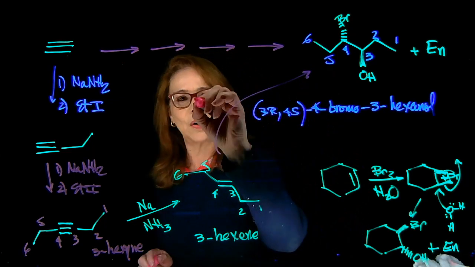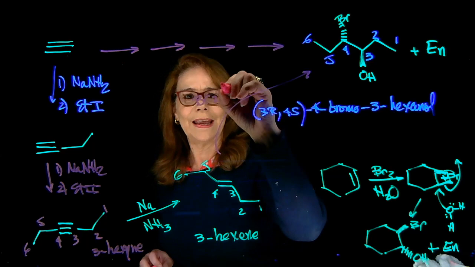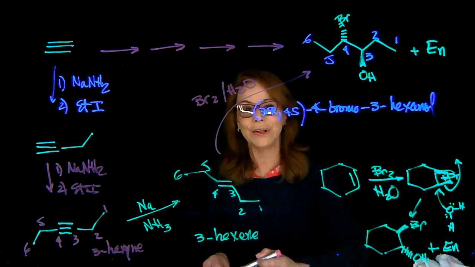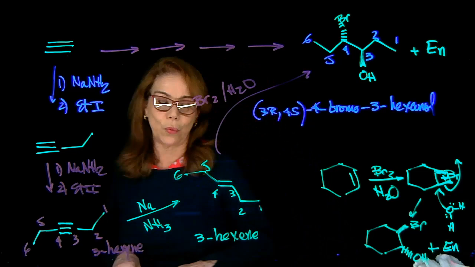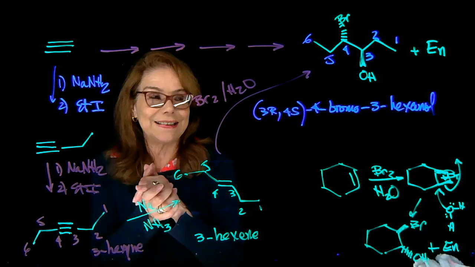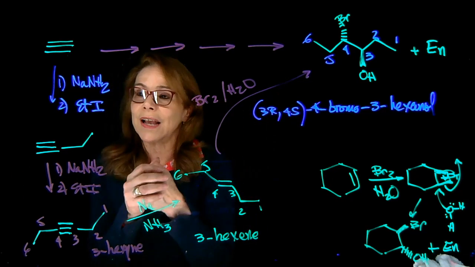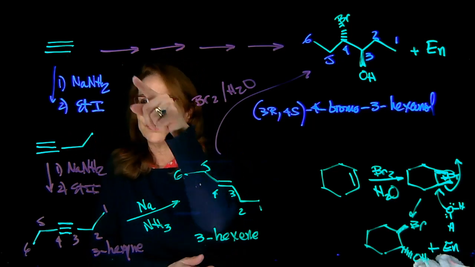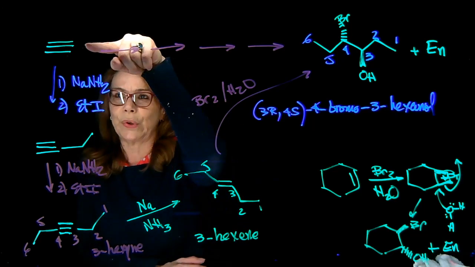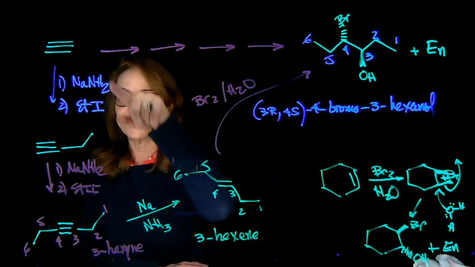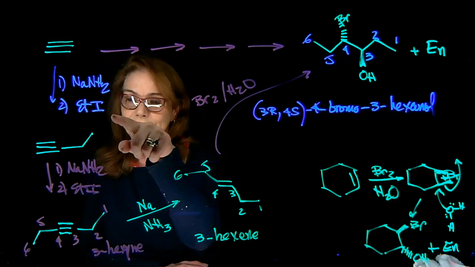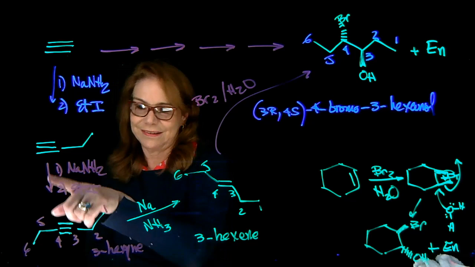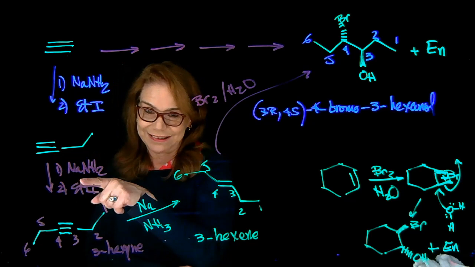So bromine in water. So summarizing, what have we done in this reaction? First step was noticing that the number of carbons had changed. We have 2. We need to add 4 more. So we did 2 consecutive reactions in which we removed the acidic hydrogen with sodium amide. We made it react via SN2 with ethyl iodide. We added 1 ethyl on one side.